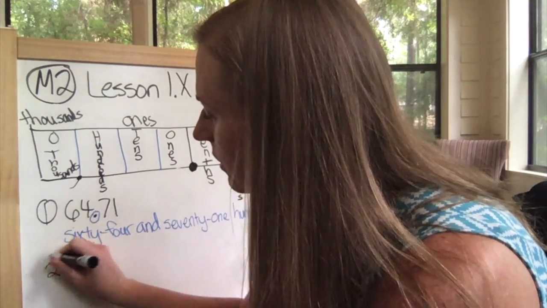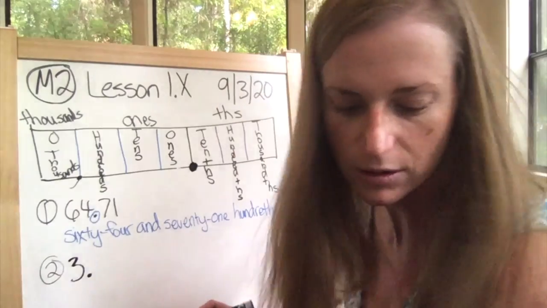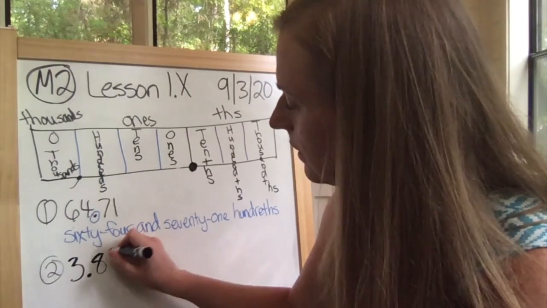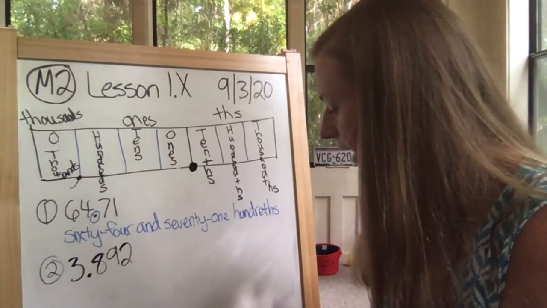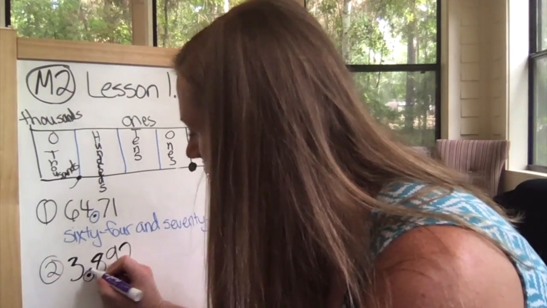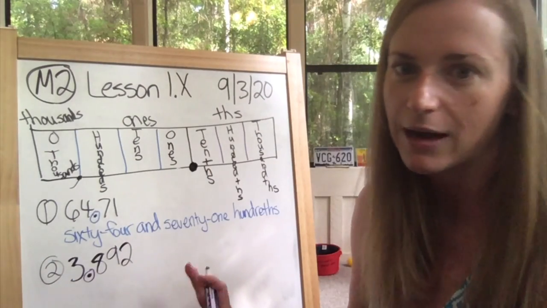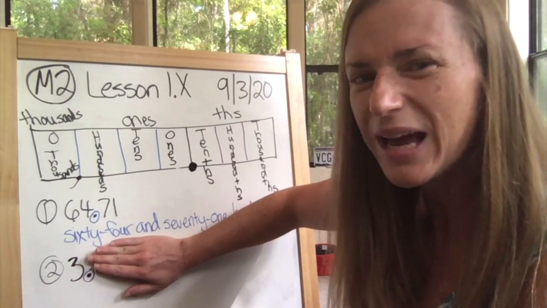There you go. Let's do number 2, and this one you're going to copy down in your journal. So number 2, it says 3.892. So that first thing we need to do, once again, very good. We're going to circle that decimal point because we got to make sure we include that word. Cover up everything behind it. All we have is 3.